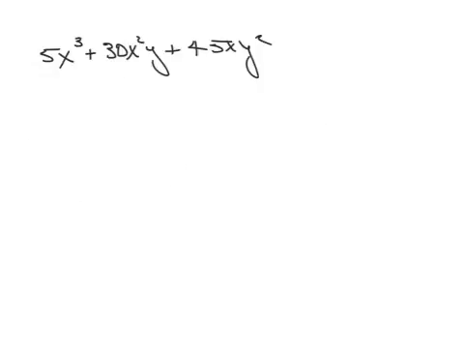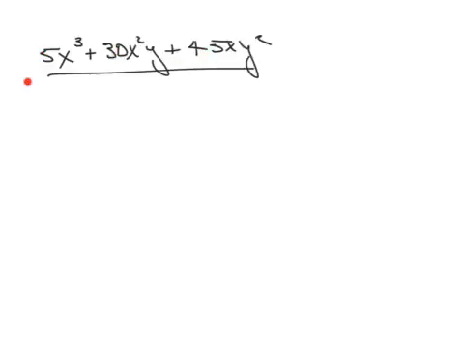Okay, so this one looks kind of scary to factor, but don't get too worried about it, because first of all, we're going to do our factoring first. What can we pull out of here to make it simpler? Well, I have a 5 here. I can pull a 5 out of here and a 5 out of there.